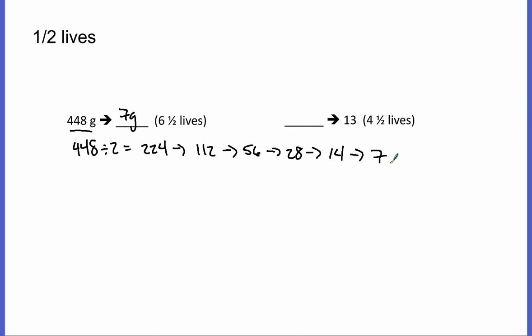So I want you guys to use an equation that looks something like this, right? I have an initial amount, and I'm going to take it times 1/2, and I'm going to raise that 1/2 to a certain number, and that number is going to be the number of half-lives.